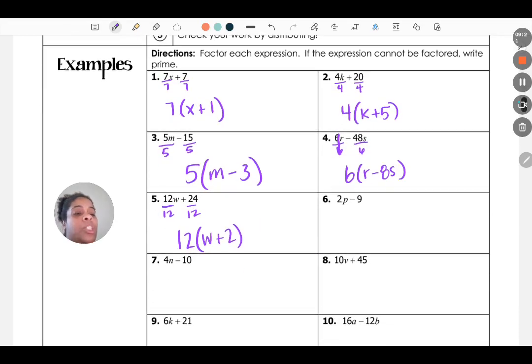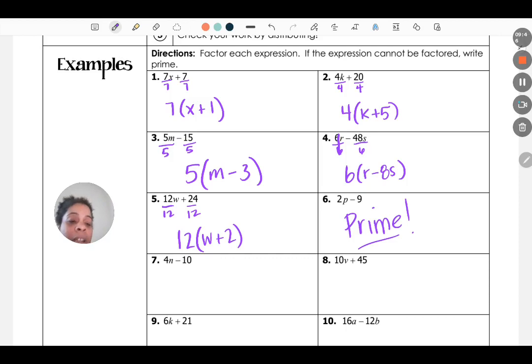Yeah, because 2 is an even number and 9 is an odd number, and you can't find a common factor between even and odd. Either the numbers are even and you find an even number to go into them, or the number's odd and you try to find an odd number to go into it, but you can't find multiple numbers. So this one is factored as much as it's going to be factored, so we're going to write prime. There is no greatest common factor there.